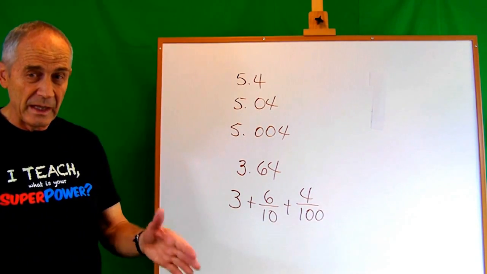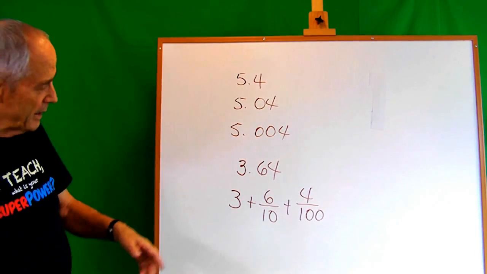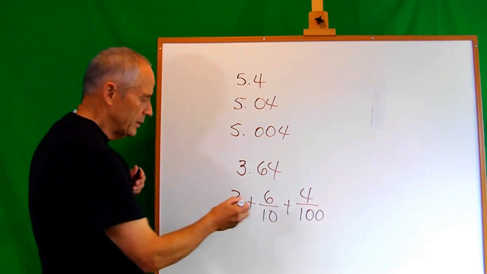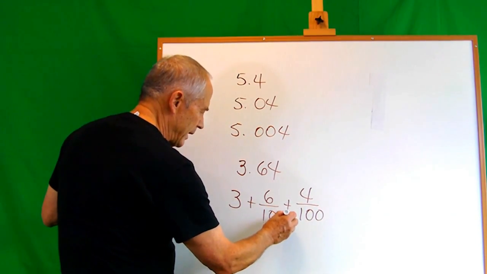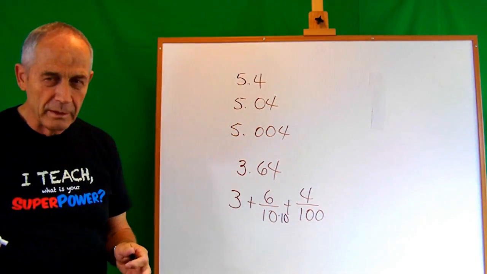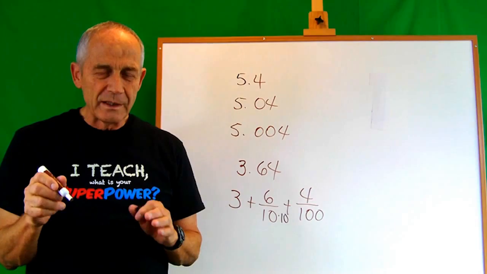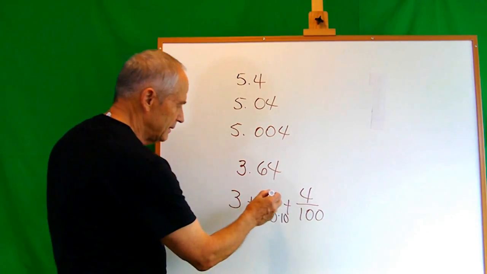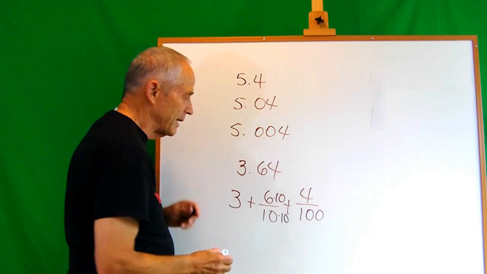Can you see that that number is 100? Okay, so we've got to turn this 10 into 100. We do that by multiplying by 10. But remember, anytime you do something to the denominator, you got to do exactly the same thing to the numerator. So we multiply the numerator by 10.